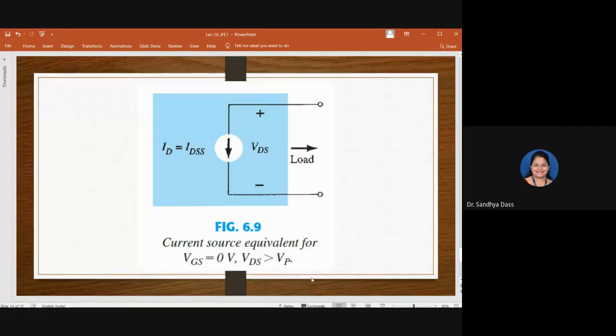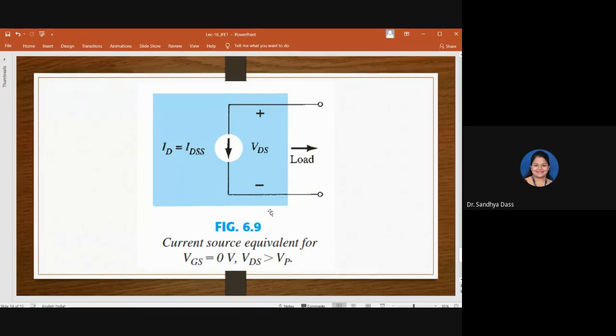Okay, this is the equivalent circuit where you can imagine the JFET replaced as a current source. So this is the indication of a current source. All right. VDS applied, and the varying current, that is the ID, will be connected to, say, a load like this.